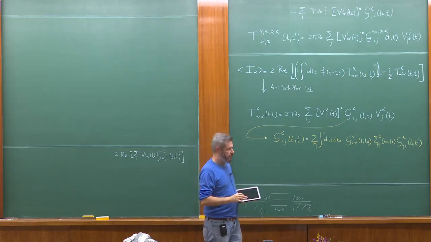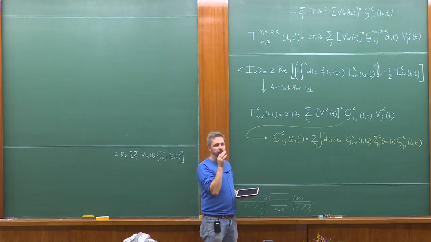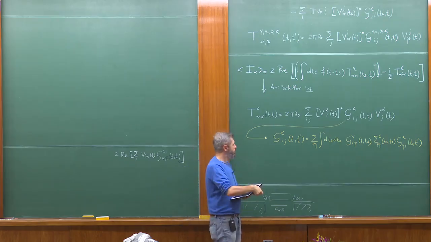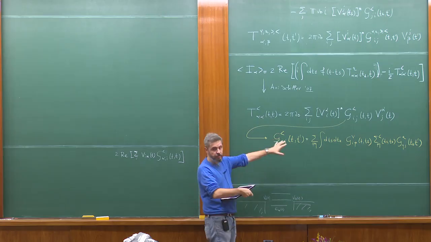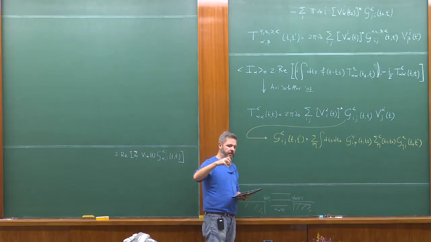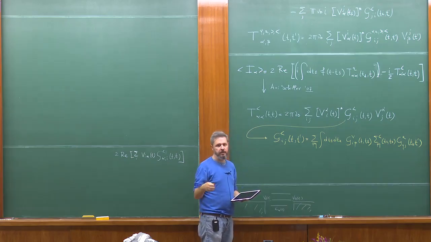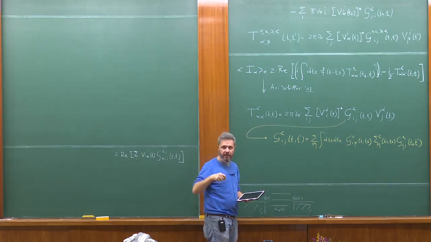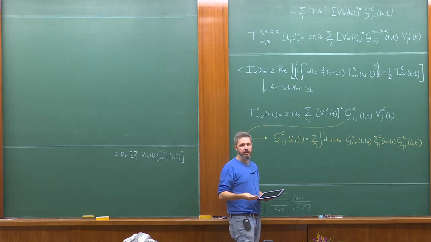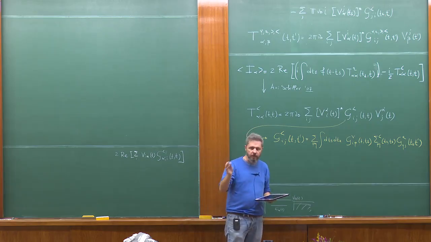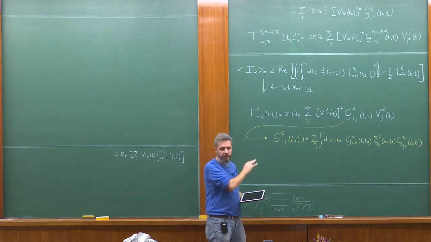When you write this expression, what you are implying is that your stationary state does not depend explicitly on G naught lesser, the occupation in the non-perturbed state, which does not enter explicitly in the expression for the stationary state. There are situations in which this is not true. Let me not enter this story, but for this particular case, it is correct.